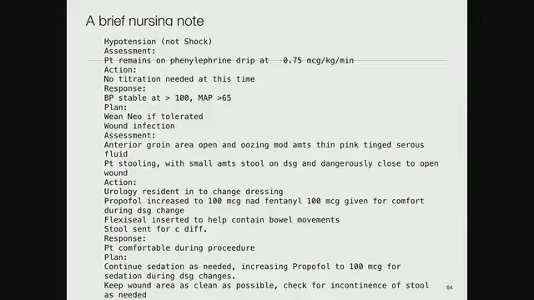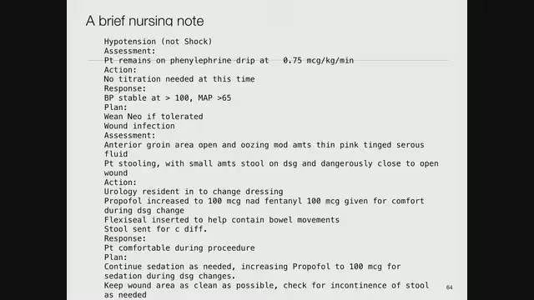Here's a brief nursing note. So this is a patient who is hypotensive but not in shock. Patient remains on this drug drip at 0.75 micrograms per kilogram per minute. No titration needed at this time. Their blood pressure is stable at more than 100. The mean arterial pressure is greater than 65.